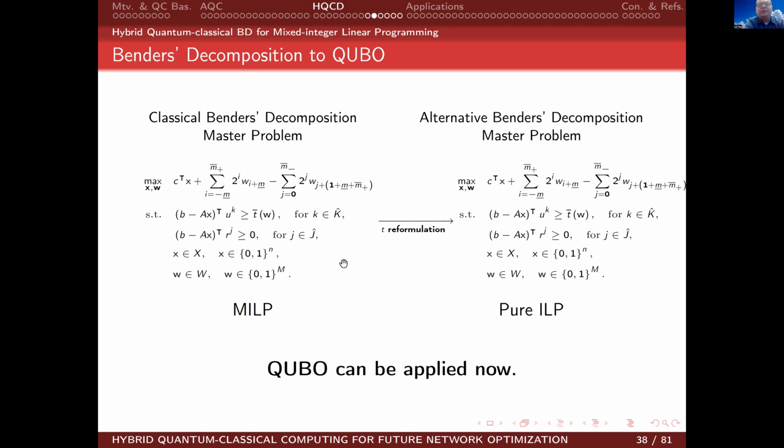Once we use t in the binary representation, then the master problem becomes a pure binary programming problem. Then we can further convert or move these constraints to the objective function by adding penalty cost, so that this problem becomes a quadratic unconstrained binary model.